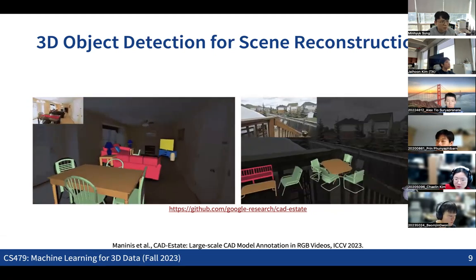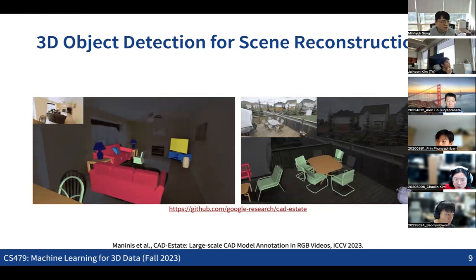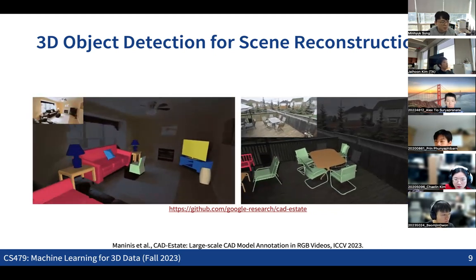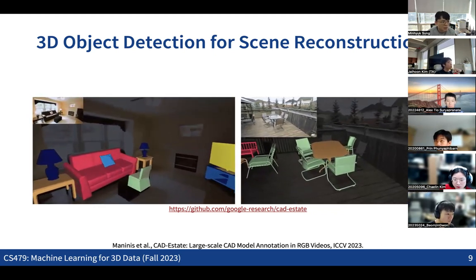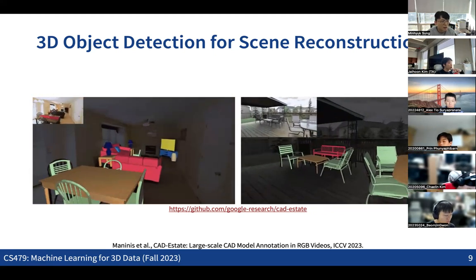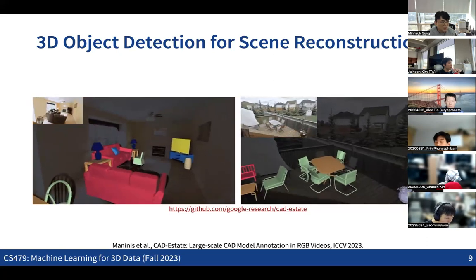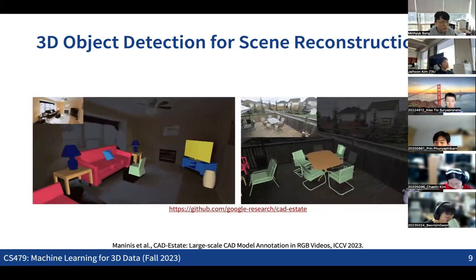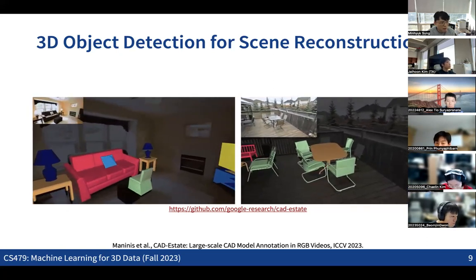And for that, if we want to turn real scenes into CAD model scenes, the best way might be to detect the many objects in the scenes and replace each region with the CAD models of the objects that we have.